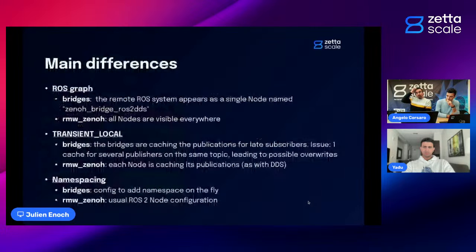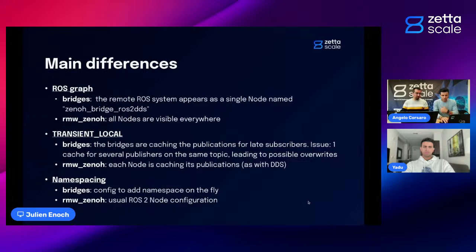So finally, what are the main differences between using RMW with DDS plus the bridge, or using RMW Zenoh? First, an important difference is with regard to the ROS graph. With the bridge, our whole ROS system is seen as a single node from the outside.